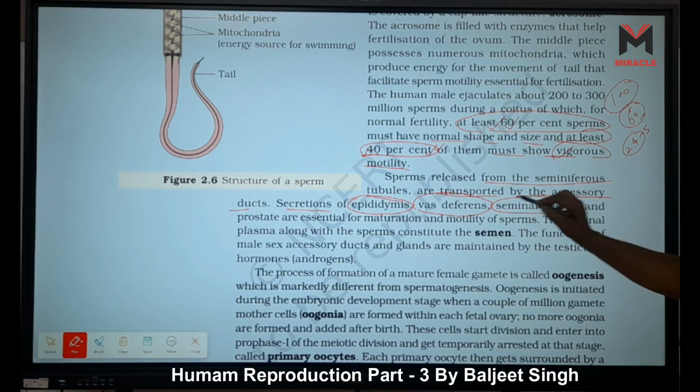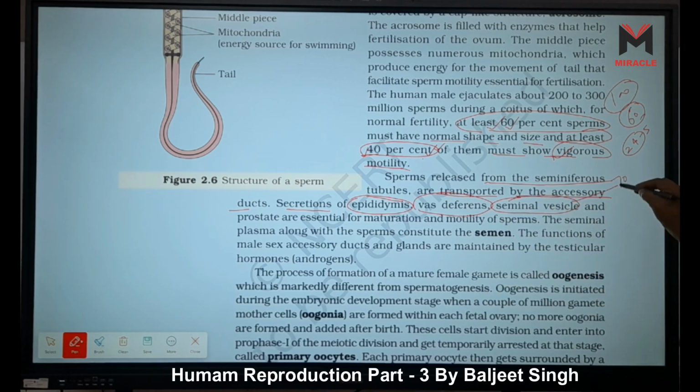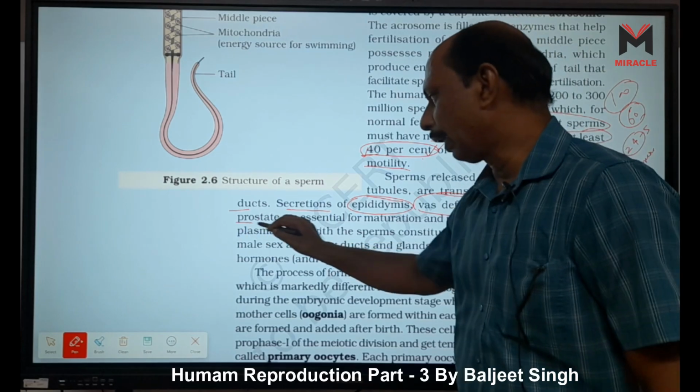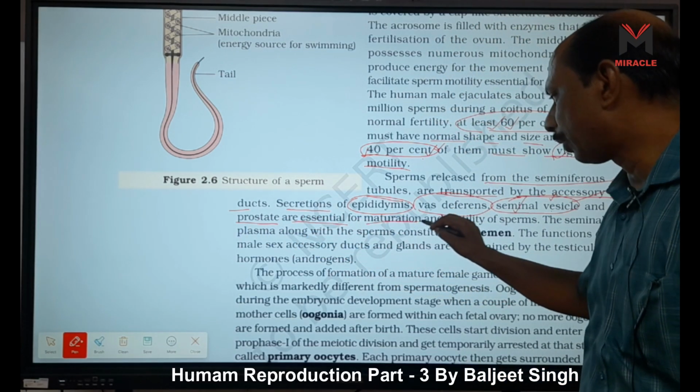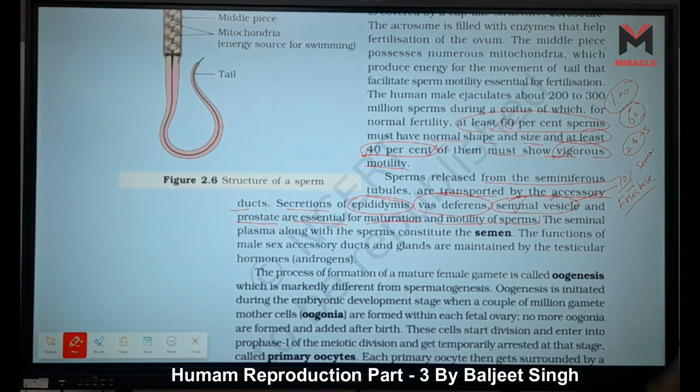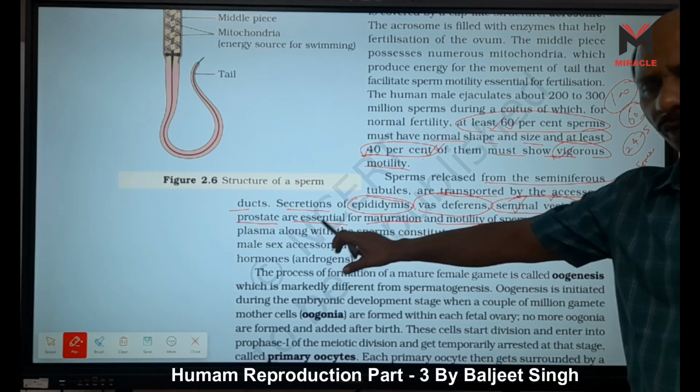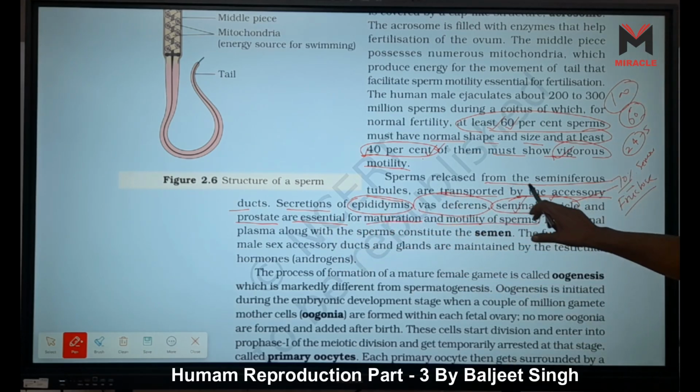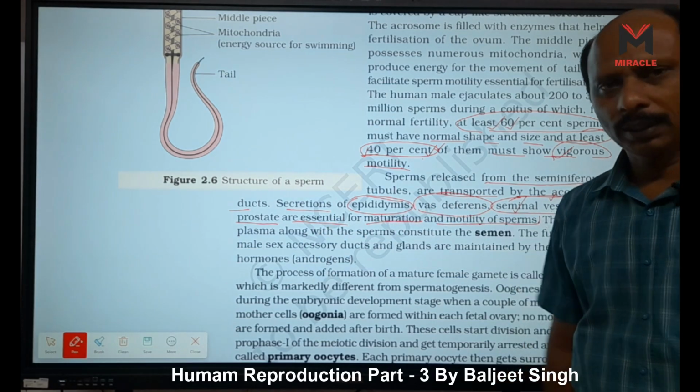Seminal vesicles, which forms 70% of semen, and I already told you in the previous lecture that it secretes also fructose. Fructose acts as fuel for sperms, right? And prostate gland are essential for maturation and motility of sperms. What is given? Secretion of epididymis, vas deferens, seminal vesicle, and prostate, right?